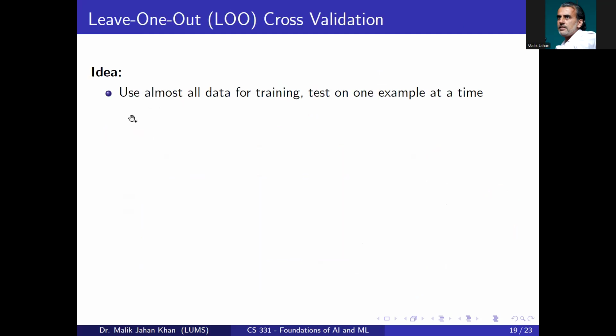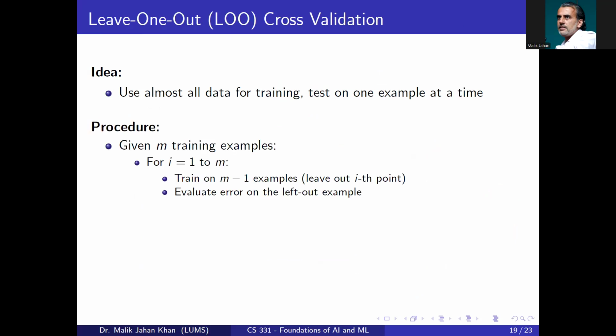Okay. So another cross-validation technique is called leave one out, LOO. So the idea is to use almost all data points for training and test on just one example at a time. So this is how the procedure works. If you've been given M training examples, we run this exercise M times.